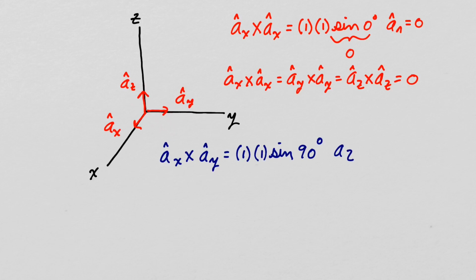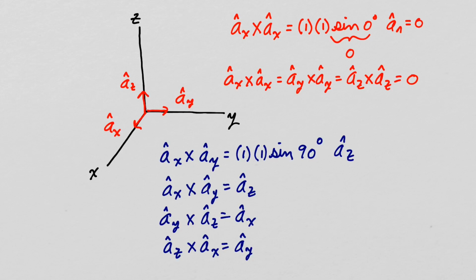So the sine of 90 degrees is 1, so AX cross AY is equal to AZ. Similarly, you could show that AY cross AZ is AX and AZ cross AX is AY.